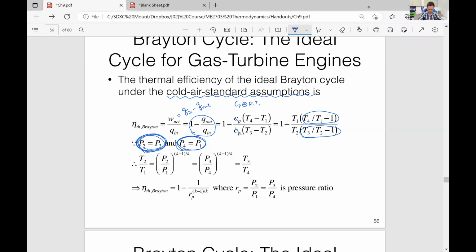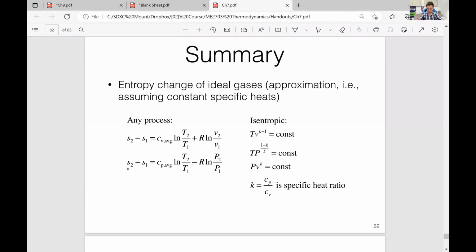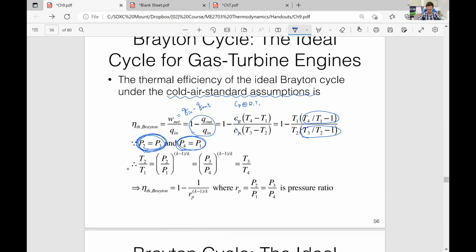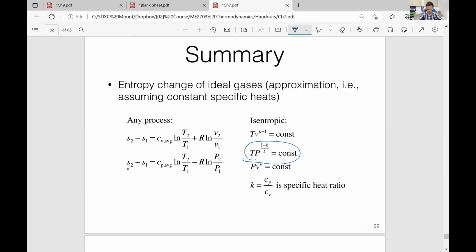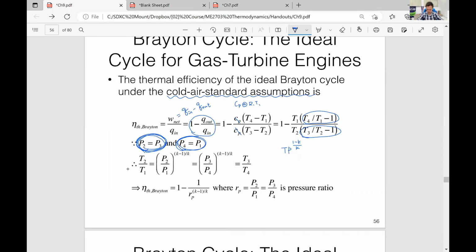If you go back to check the TP relationship in chapter 7, we are going to use this TP. So we have T P^((1-K)/K) is a constant.